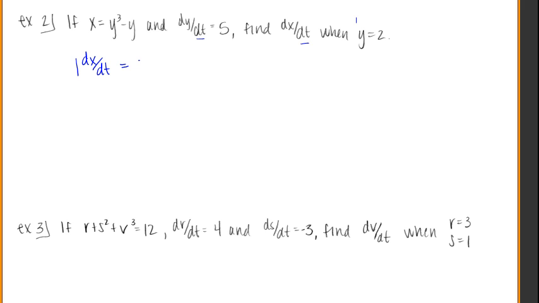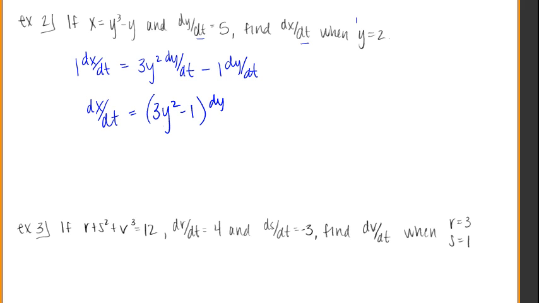The derivative of y cubed would be 3y squared dy dt, then minus 1 dy dt. Or we can look at it as just taking off the ones. dx dt is equal to 3y squared minus 1 dy dt.